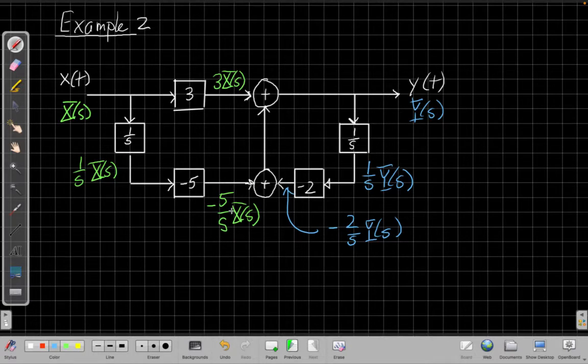I've got both branches coming into the input, minus 5 over s, X of s, minus 2 over s, Y of s. So this branch up here, I'm going to just bring this line down, would be minus 5 over s times X of s, minus 2 over s times Y of s.